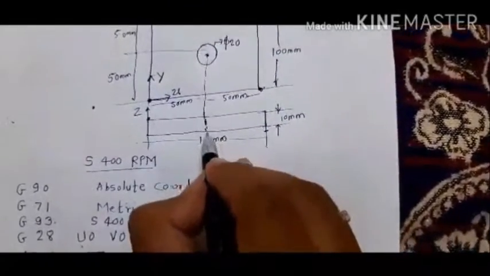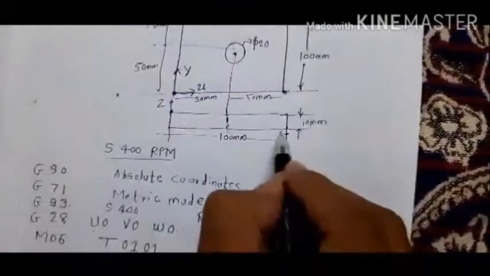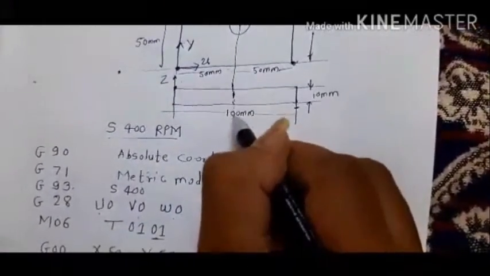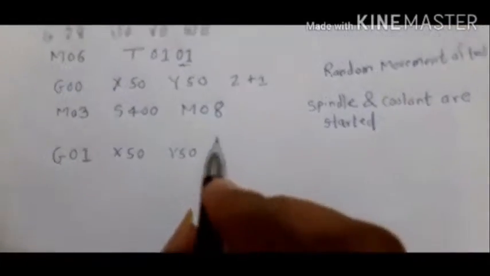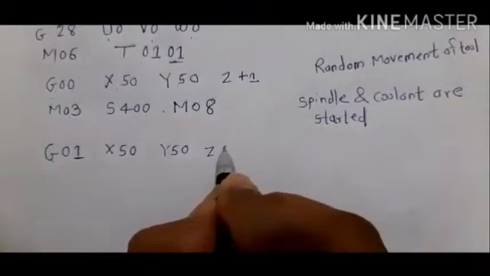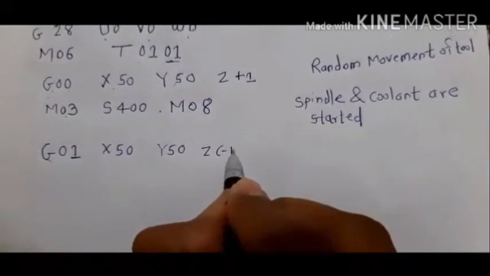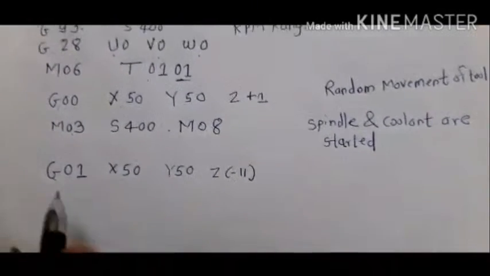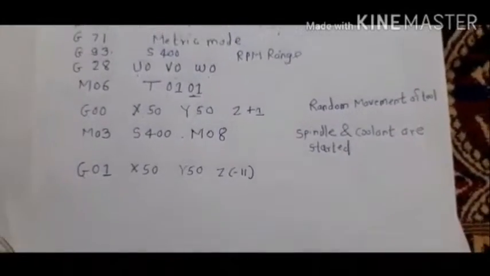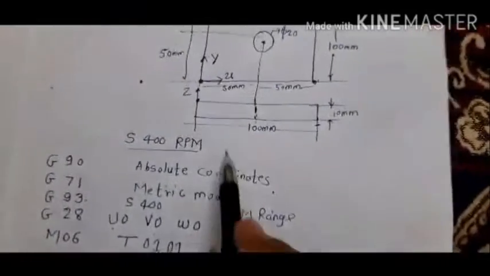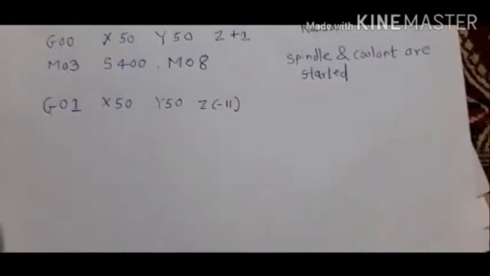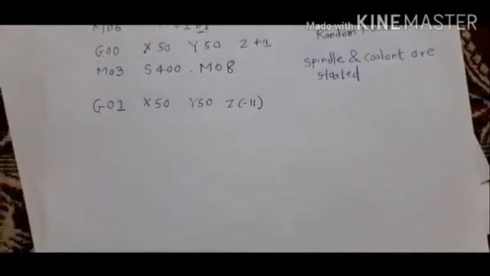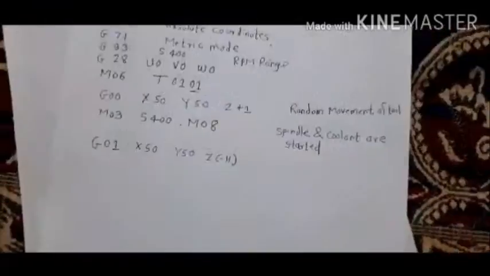So the tool will be inserted completely in this plate, and it will come outside of the plate by 1 mm. Therefore the Z coordinate will simply be -11. So slowly the tool will be moving inside this plate. So we have completed the drilling operation now by using the code G01.